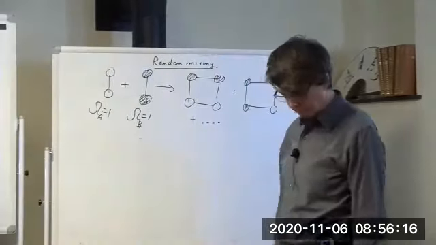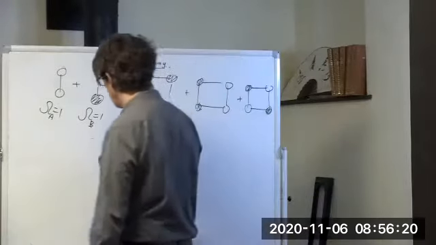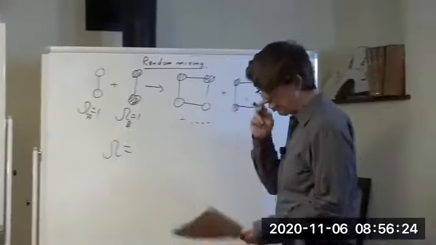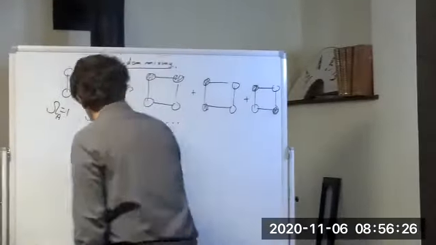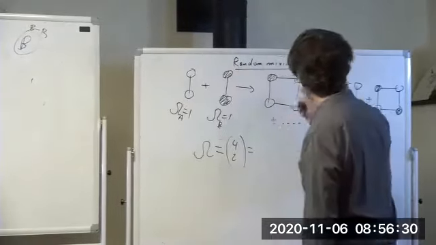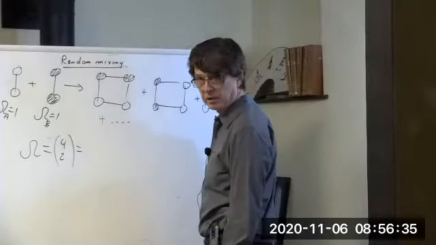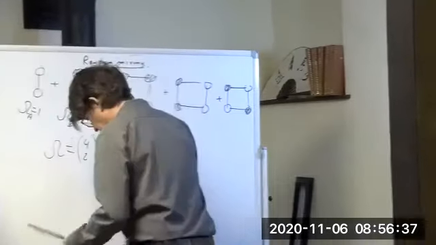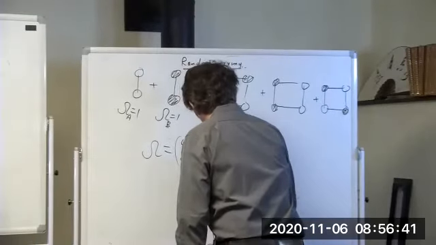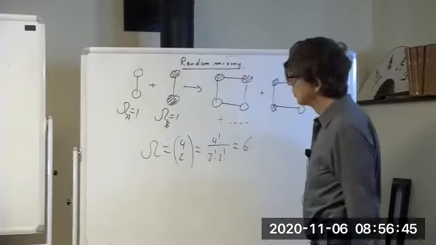So if I distribute 2 atoms of A and 2 atoms of B, how many configurations are there? It's 4 choose 2. Because I have 4 sites, I pick 2 for one of the species, and that means the other ones are decided. So that's 4 factorial divided by 2 factorial divided by 2 factorial, so that's 6.